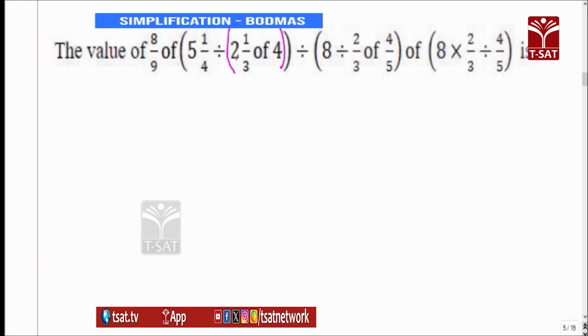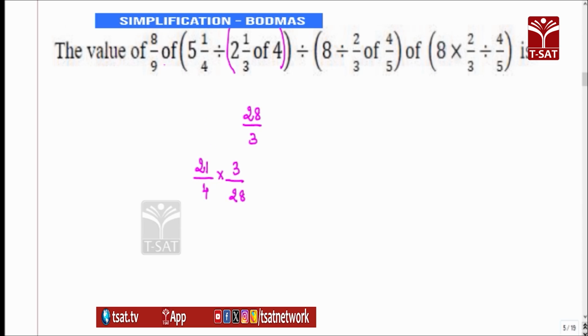This becomes 6 plus 1, 7 by 4, 7 by 3 into 4, that is 28. 7 4s are 28 by 3. Then you have division. Division means it reciprocates. So, this becomes 21 by 4. So, reciprocal of 28 by 3 becomes 3 by 28.